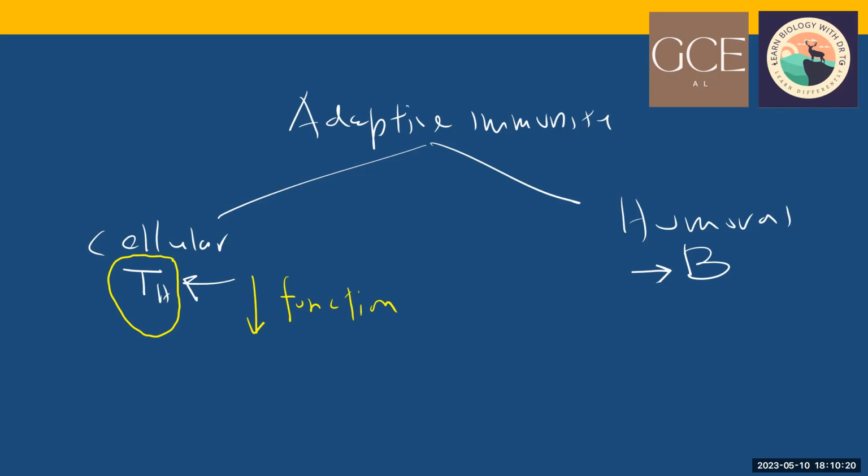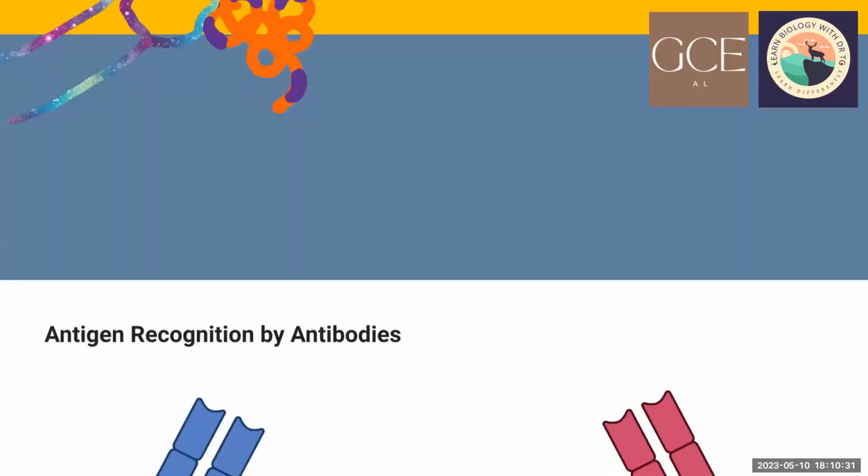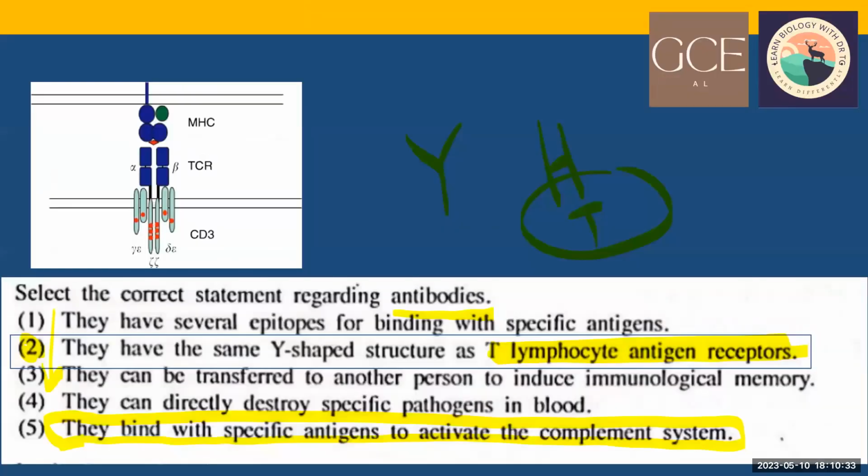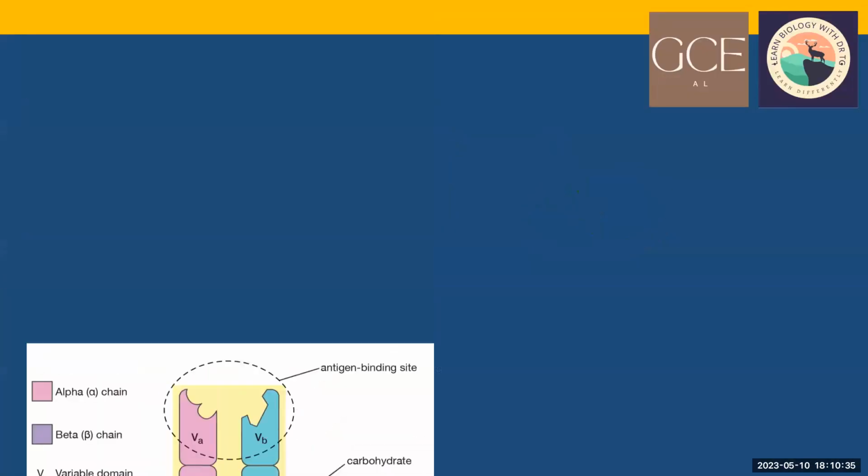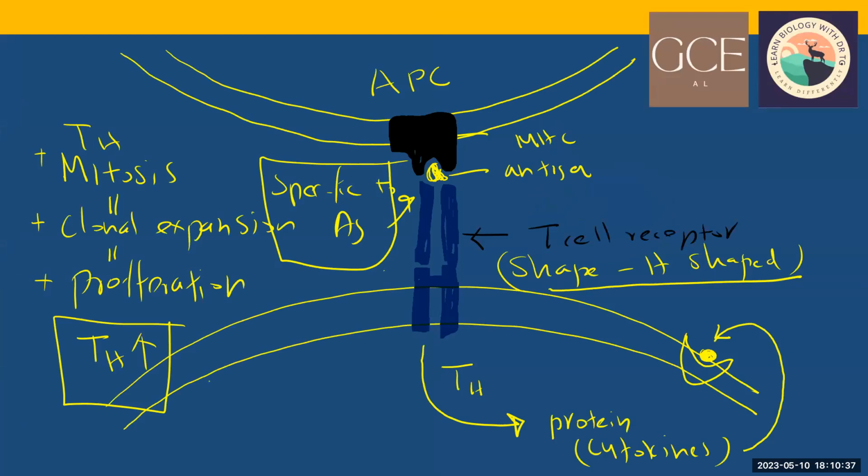Okay, first thing, we're going to learn what is the role of the activated T cells in this place. If T helper cells specific to this antigen are activated, we get a large number of T helper cells.